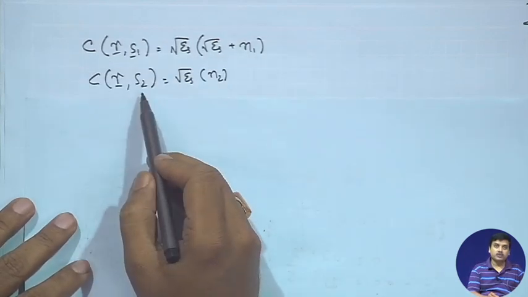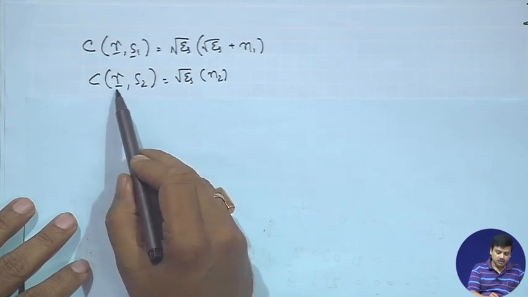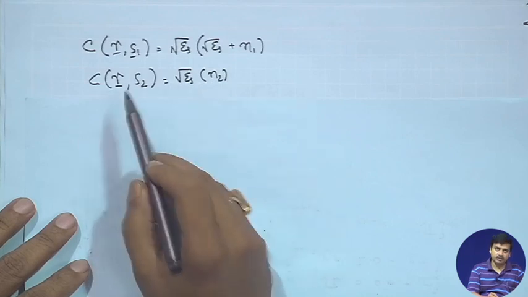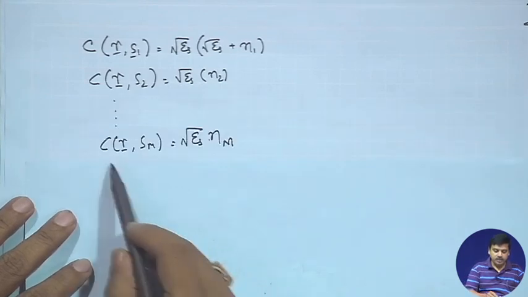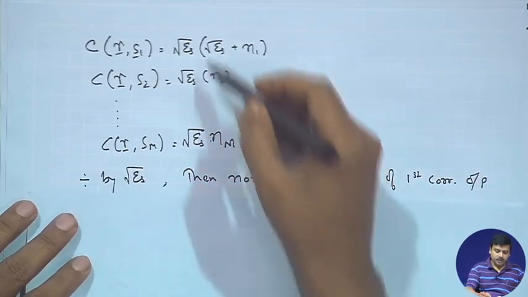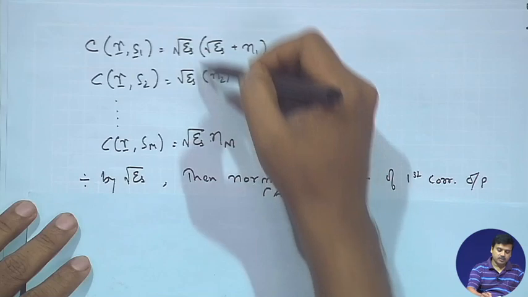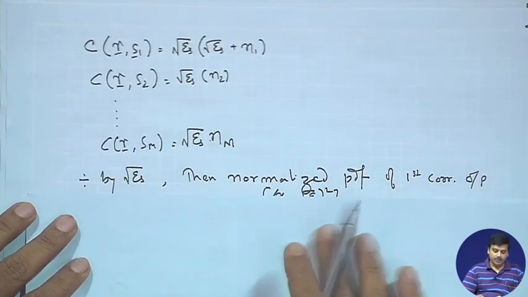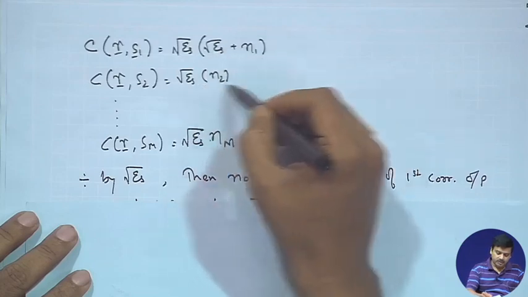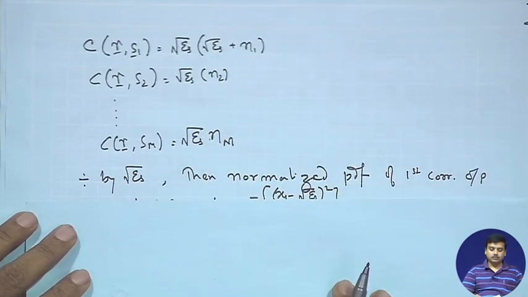The correlator output of the second correlator is R times S2. So, R has a component N2 and signal S2 is Es on that particular dimension, and similarly we are going to have this. If you look at this expression, all of them have this particular thing common, and hence we can divide by root over Es, and then we are left with basically these components.